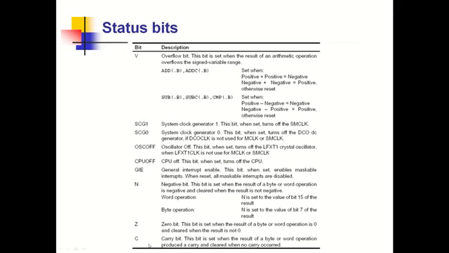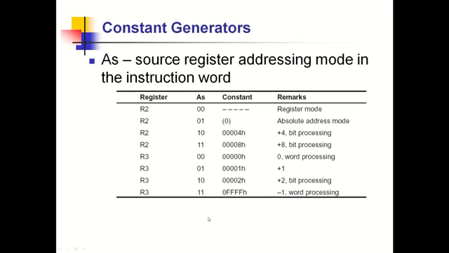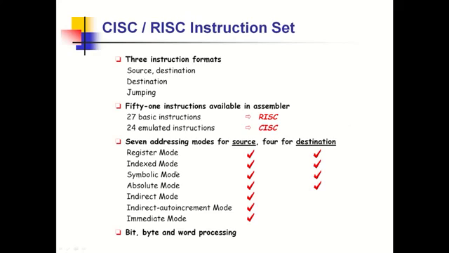And traditionally, as in every controller, we have the carry flag, zero flag, negative and overflow flag. Based on your arithmetic and logical operations, these flags will be set or cleared. Constant generator registers like R2 and R3 can hold constant values like 4, 8, 0, 1, 2 or FFFF based on the application.